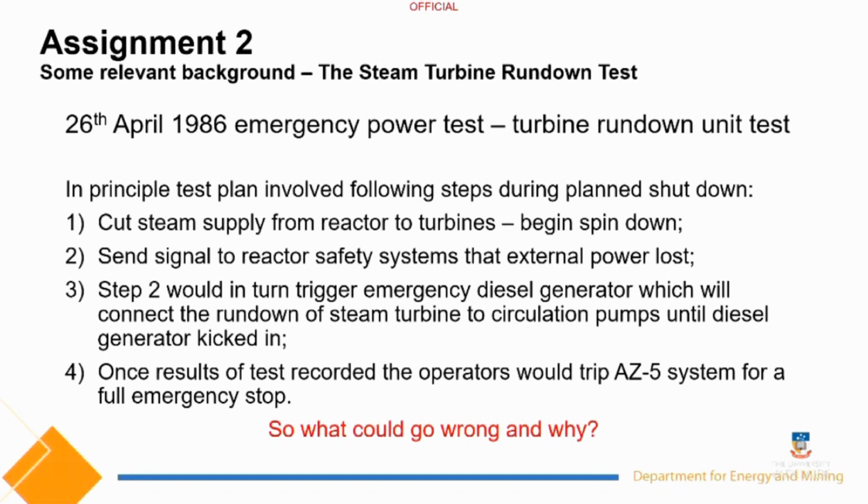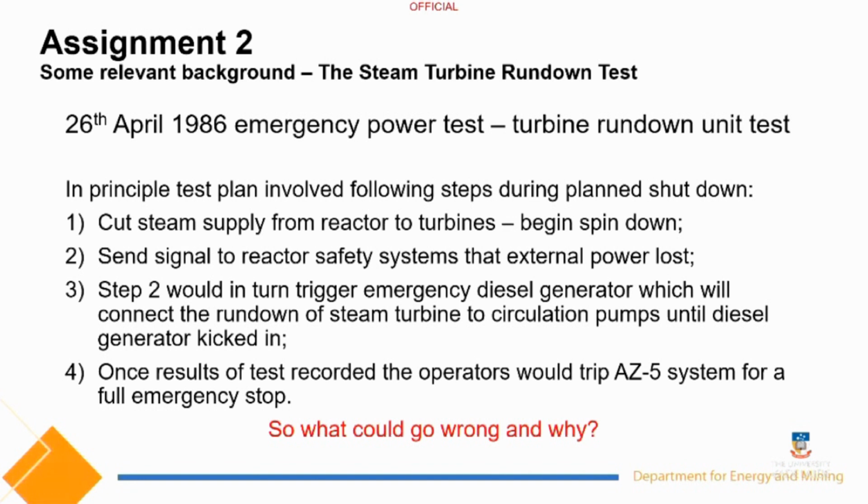That would in turn trigger their emergency diesel generator, which will connect the rundown of the steam turbine to circulation pumps until the diesel generator kicked in. And once the results of the test were recorded, the operators would trip the AZ5 system by pressing that button for a full emergency stop.